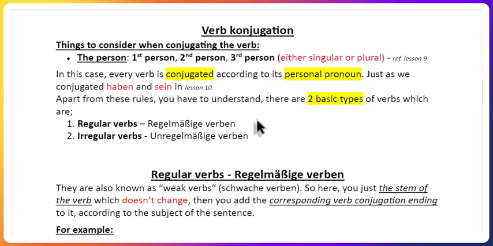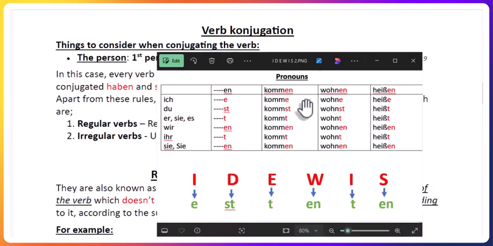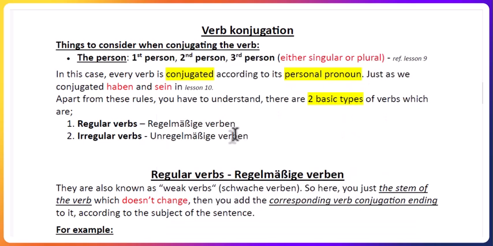There are two forms: the infinitive form and the conjugated form. So the verb there is not in the infinitive. We have to know this. Our verbs are grouped into two basic types, which are regular and irregular verbs.